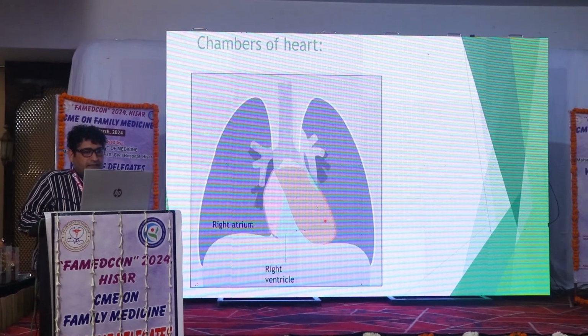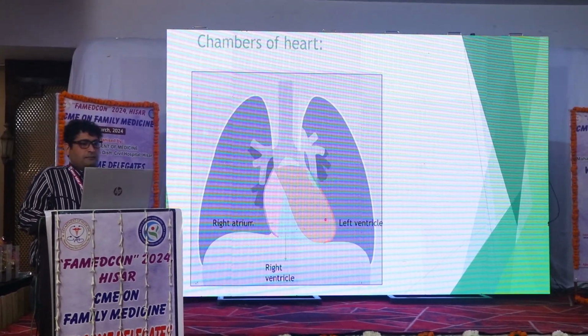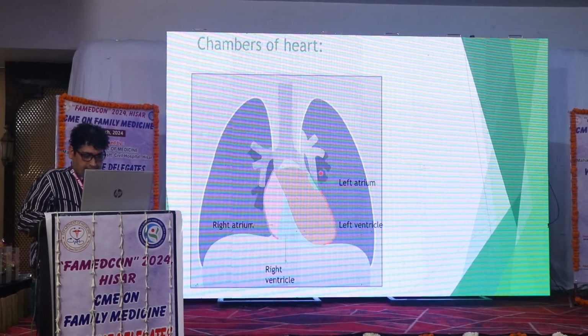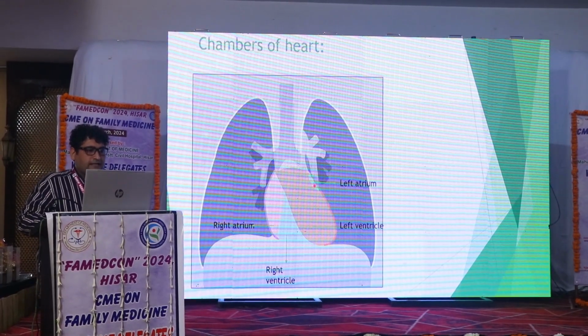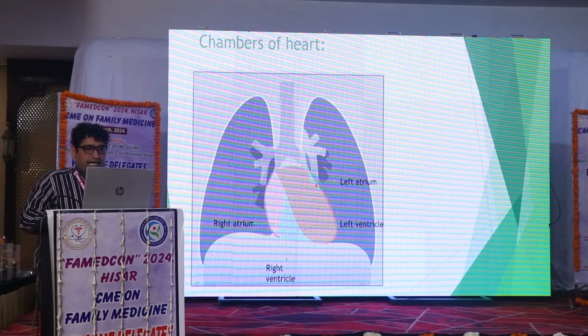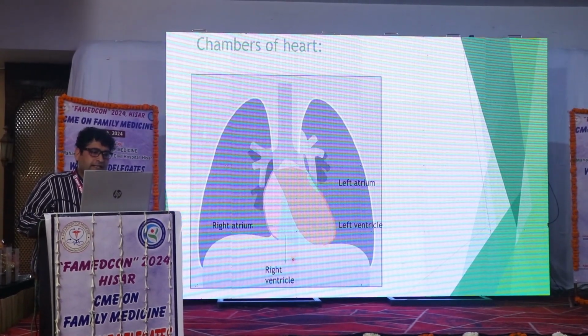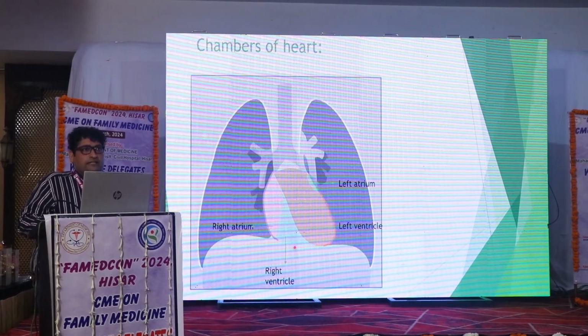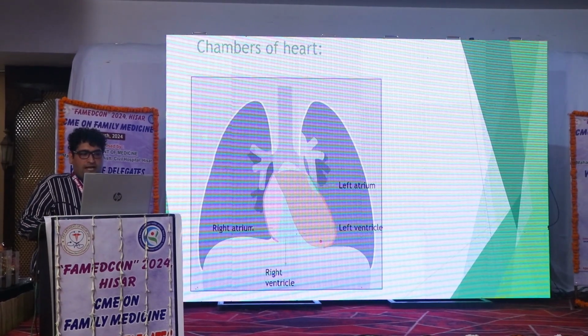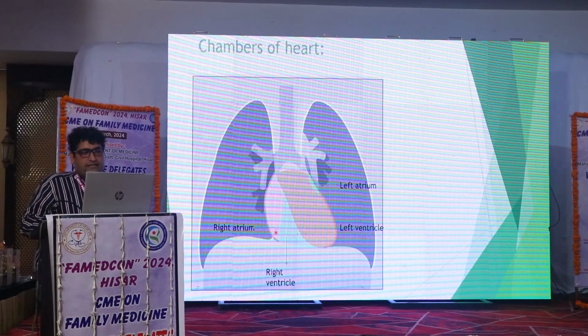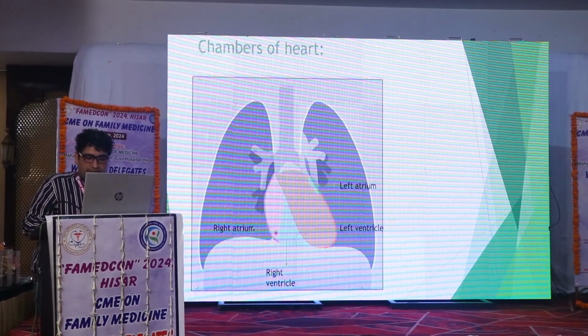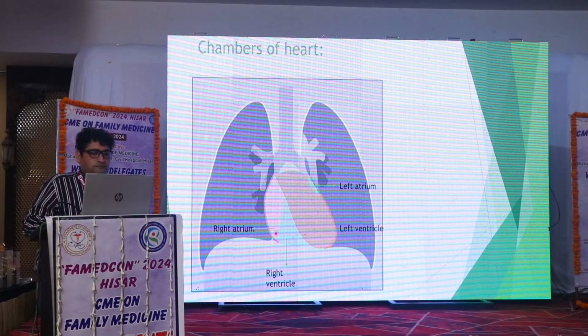And the left side is the left ventricle. And this small part, which is appearing here in green, this is the left atrium. So any pathology related to the diaphragm usually affects the right ventricle. And the left side is the left ventricle and the right side is the right atrium. So it is not the right ventricle on the right side on a chest X-ray PA.